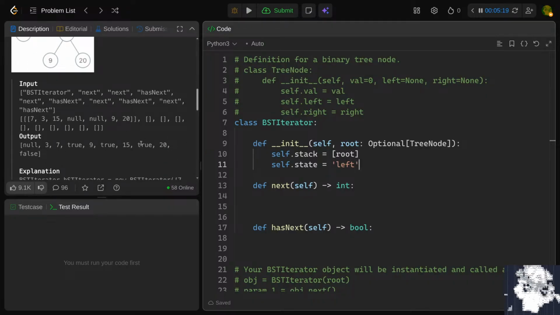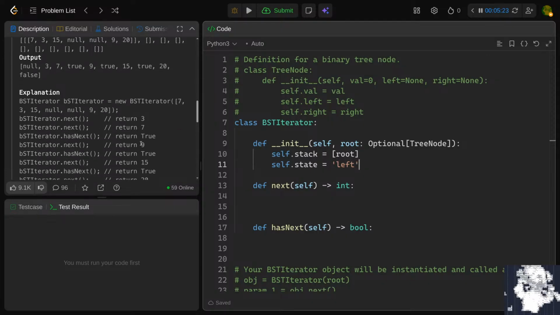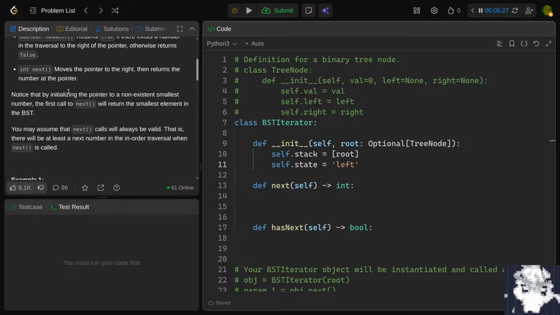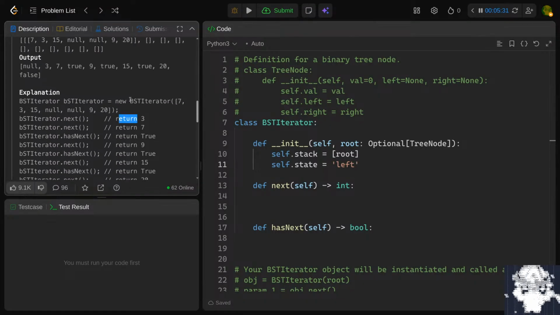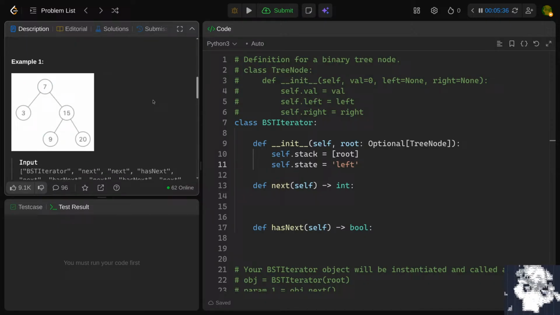I guess the first thing you're supposed to yield, return 3, would be the leftmost thing.